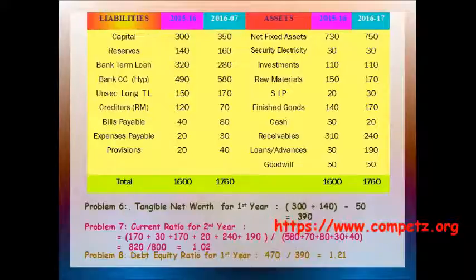Therefore, total assets 1550 minus total liabilities 1160 is equal to 390. Okay, so how much is your long term debts? 470 divided by your owner's fund, which is 390. You would be getting the answer of 1.21 as your debt equity ratio.